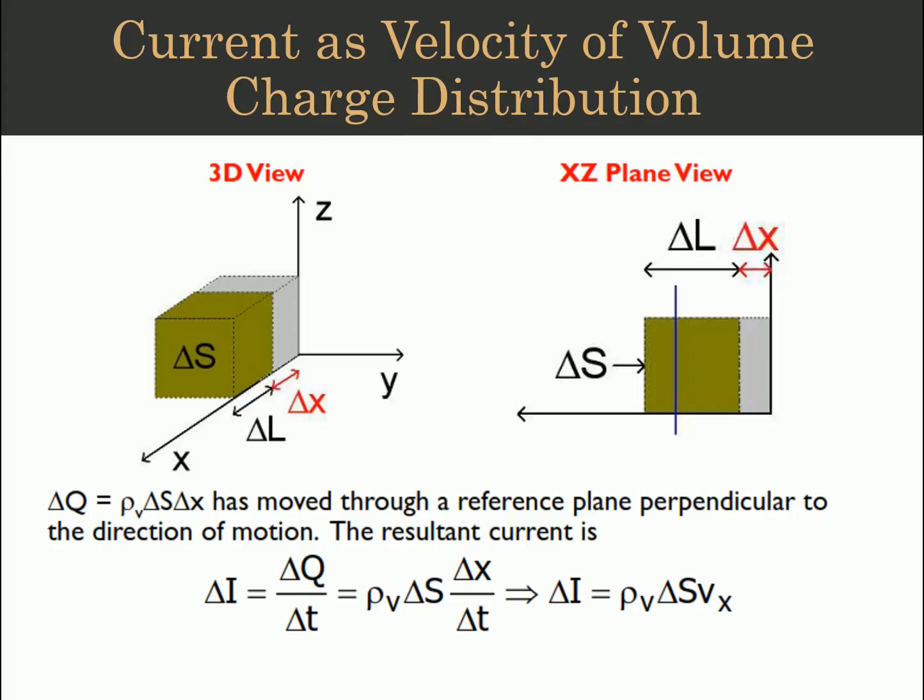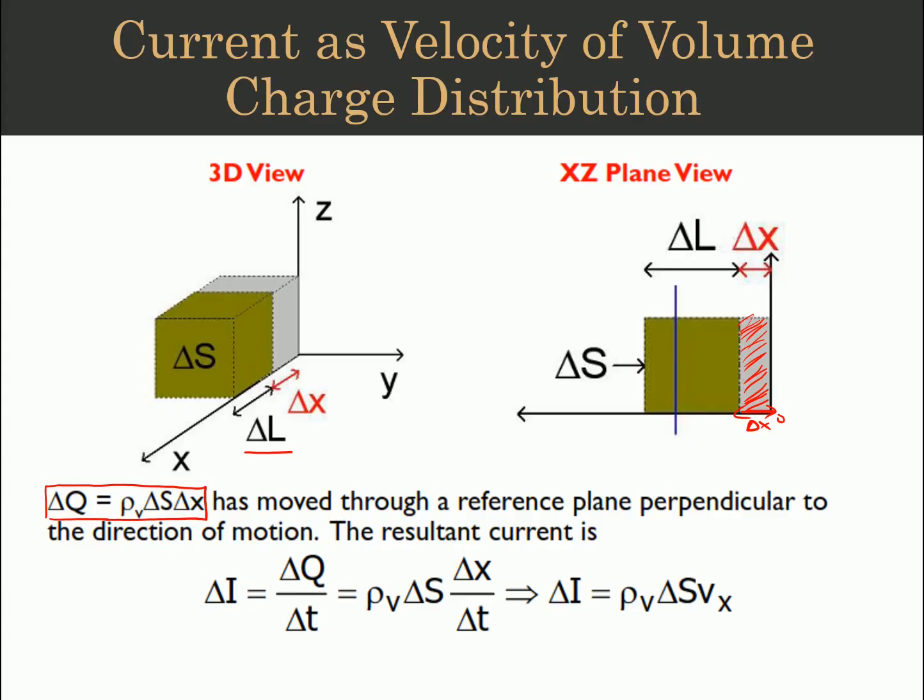So here you can see the 3D view and the XYZ plane view of the cube which has moved. So this is delta x from the origin, and this is where the cube has moved a certain distance. Now we know that the differential amount of charge is rho v, and what is delta s and delta x? So we can understand it this way.